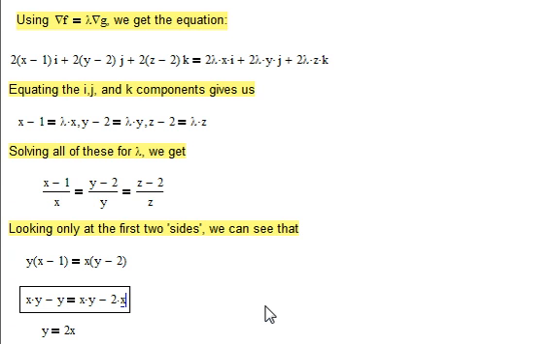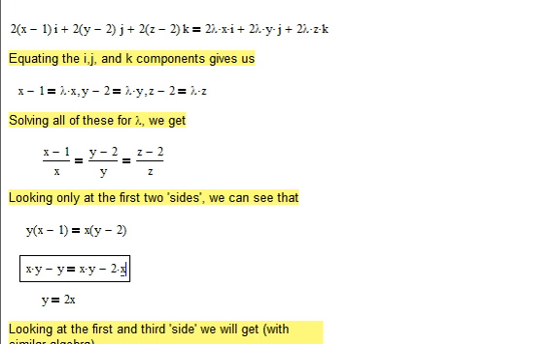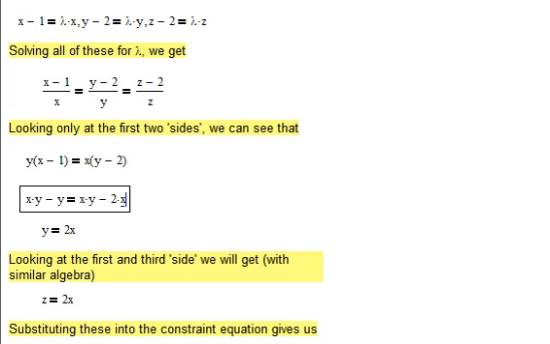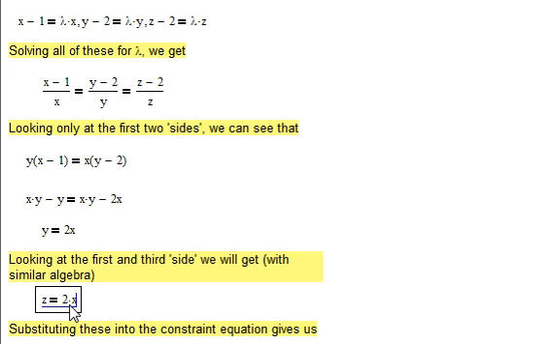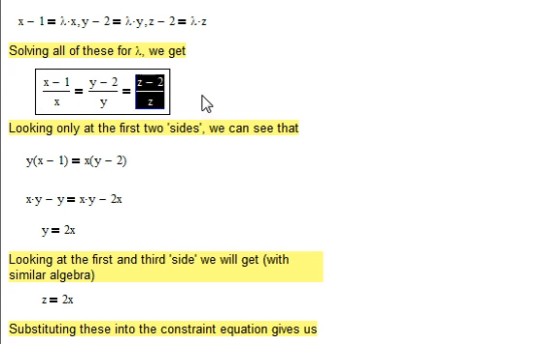So that was good to know, that y equals 2 times x. So looking at the first and third, that's this one and this one, we can similarly see that z equals 2x, same way, right? If this equals this, then you could solve that and get z equal to 2x.